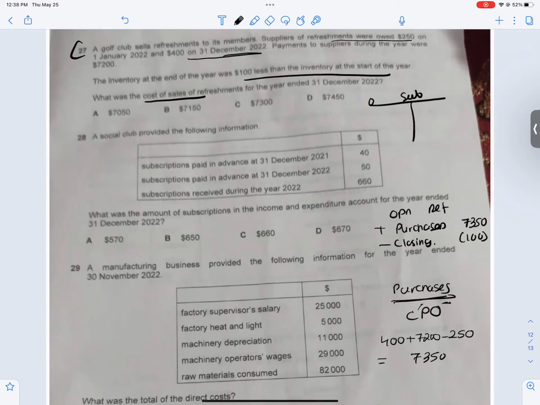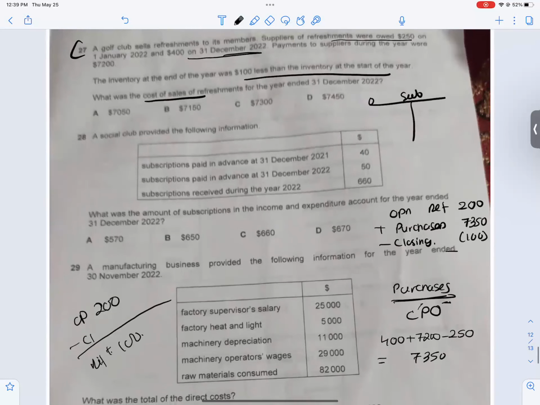So if inventory at the start is 200, inventory at the end would be 100. You have to add it now. In short, you are adding it because opening minus closing, the difference is 100 positive. So you just take an imaginary figure and make the opening 100 more and closing 100 less. So it's 7450.